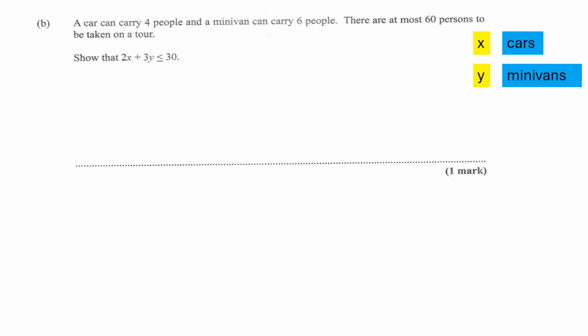So cars, x, can carry 4 people, so that's 4x, plus a minivan can carry 6 people, 6y. At most 60 persons, so it can't be more than 60. So that will be less than or equals to 60.